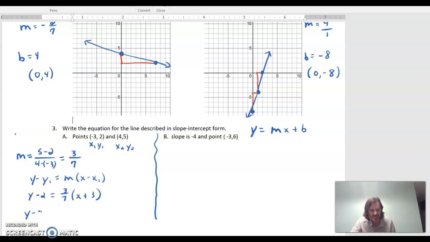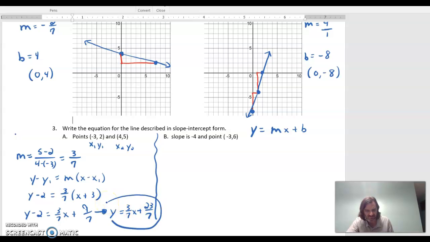So y minus 2 equals 3/7 x plus 9/7. But we want to make sure we get that y by itself. So we'll add 2 to both sides. So we'll have y equals 3/7 x, 9/7 plus 2, that's 9/7 plus 14/7. So that's plus 23/7 if you get y by itself.